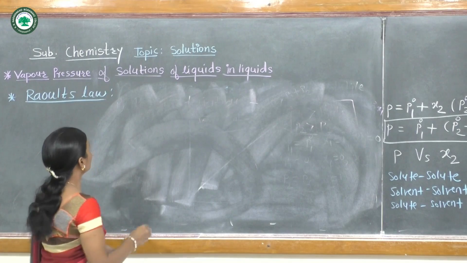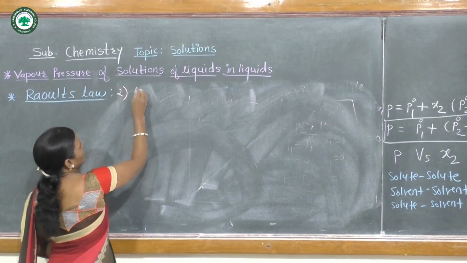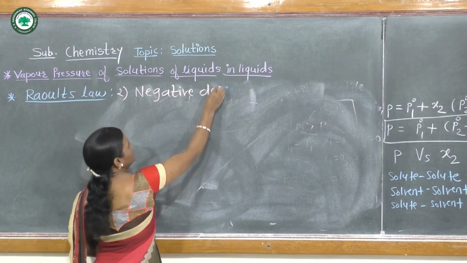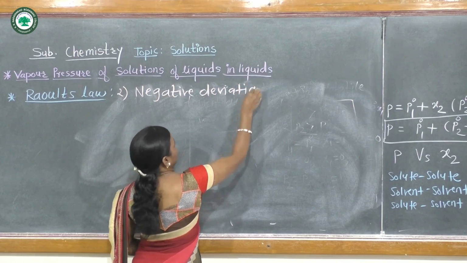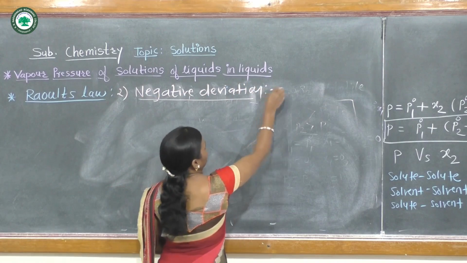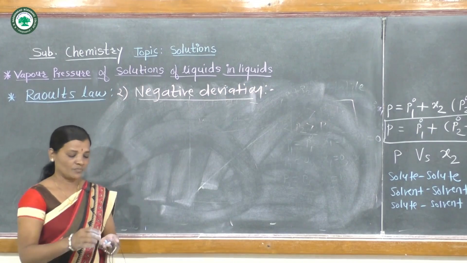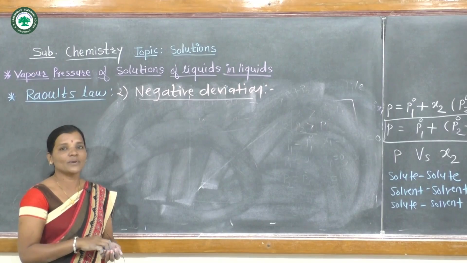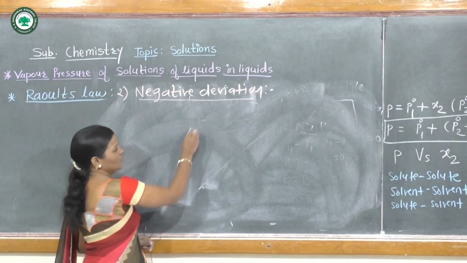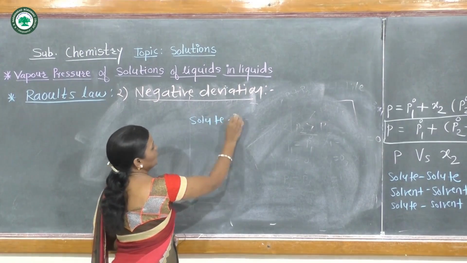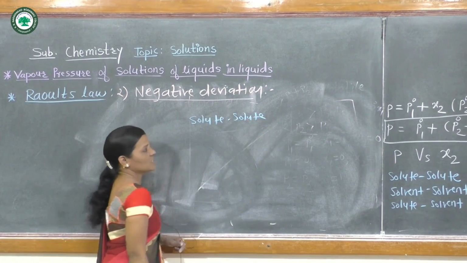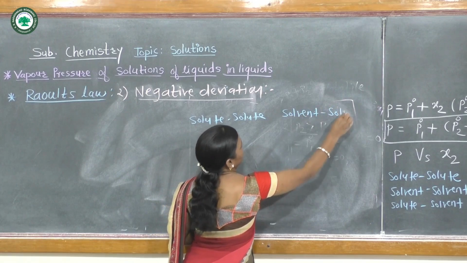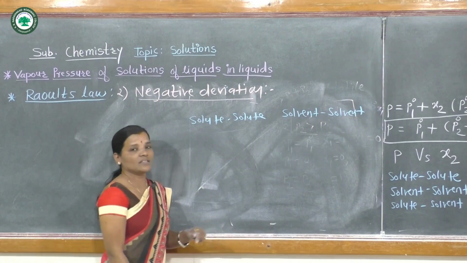Now again consider the second type, negative deviation for non-ideal solution. When negative deviation is observed, there are three types of interactions: solute-solute interactions, solvent-solvent interactions, and solute-solvent interactions present in the solution.